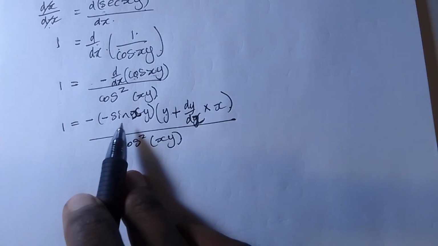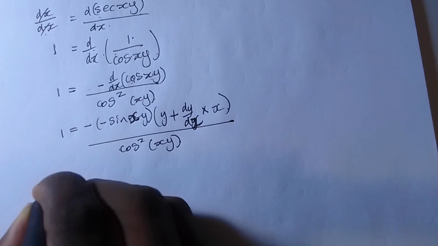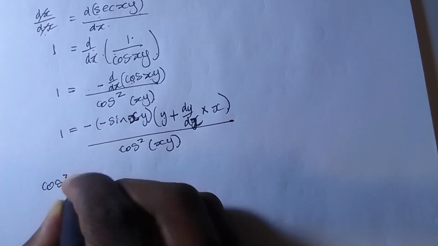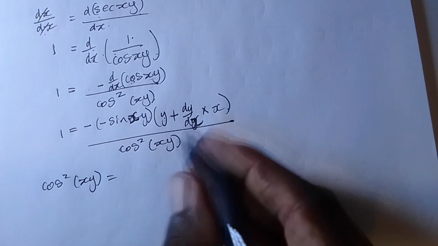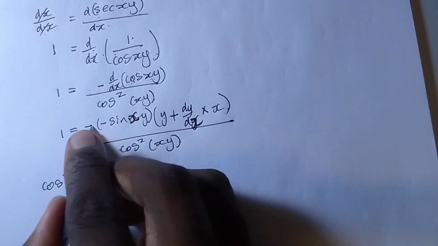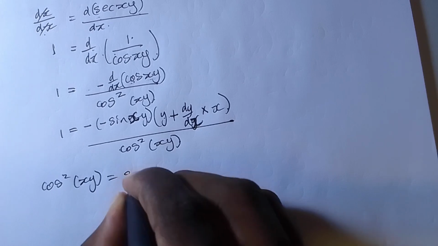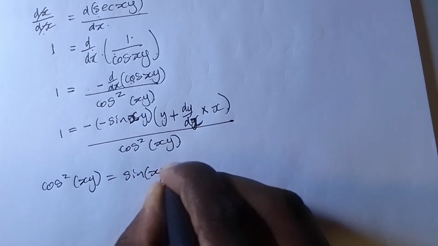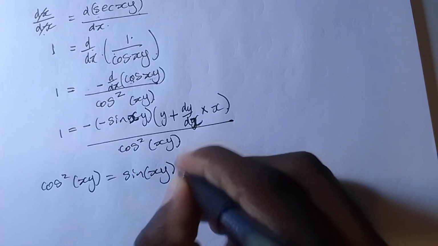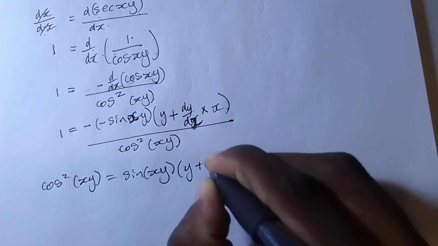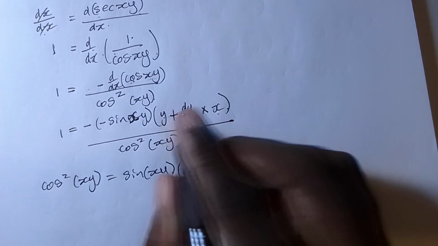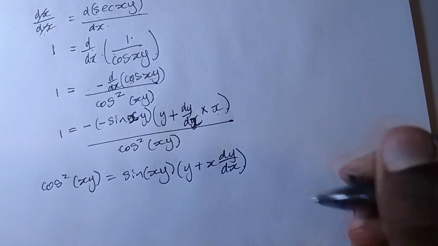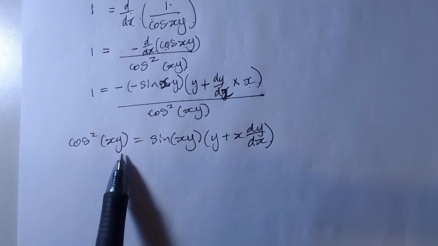You can multiply by cos squared xy on both sides. You get cos squared xy is equal to, this will give us a positive sine xy into y plus x dy on dx. I wrote the x on the front because it looks neater.